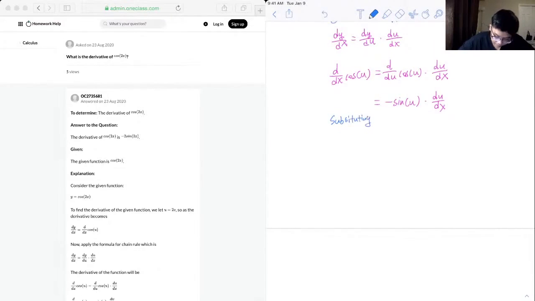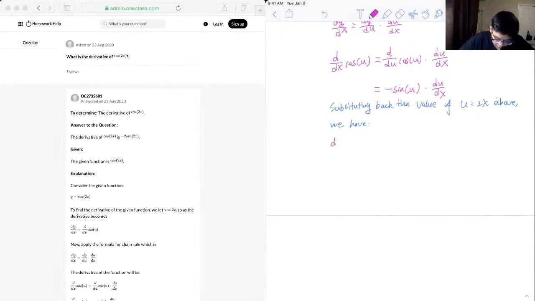Substituting back the value of u equal to 2x, we have the derivative of cosine 2x is equal to negative sine 2x times the derivative of 2x.